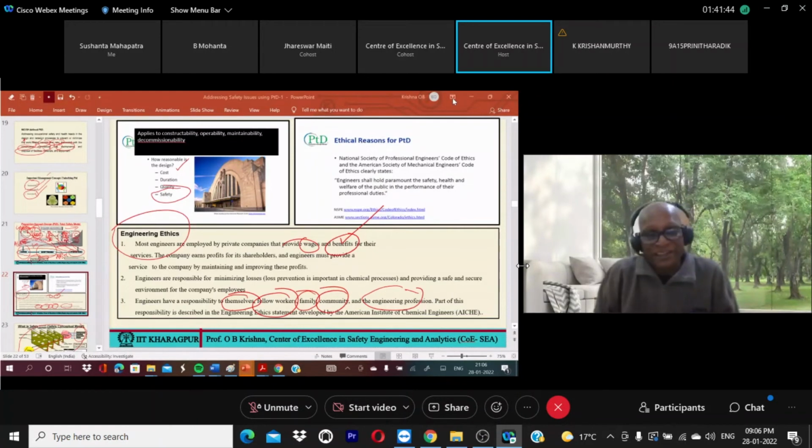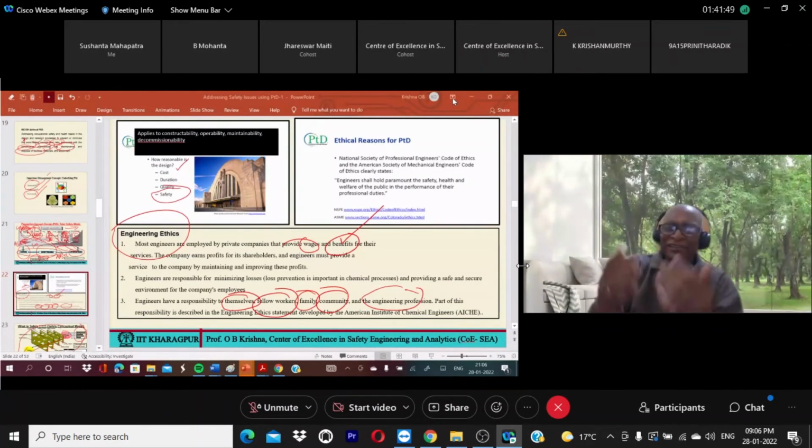People call it cultural PTD. Why are the cultures coming like that? Behaviors come like that. The unsafe way of behaving will come. You have not understood the hazards. You have not understood the risk.